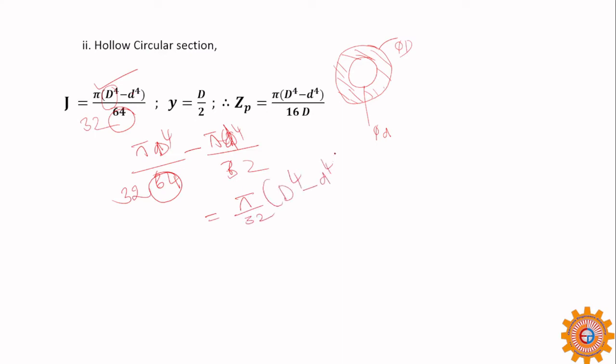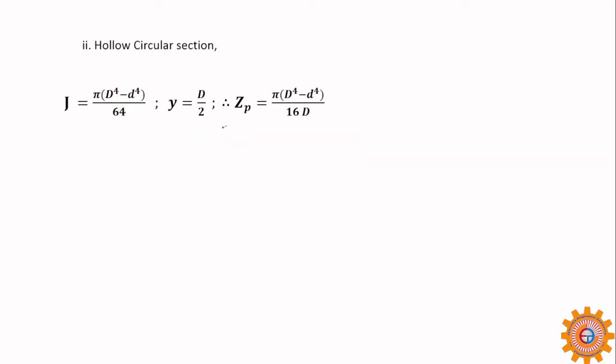This is the general moment of inertia, it is not the polar moment of inertia. Polar moment of inertia means suppose it is a shaft, with z axis, y axis and x axis. The moment of inertia about x or y is taken as pi by 64 d to the power of 4.